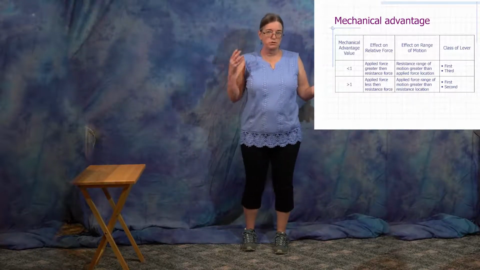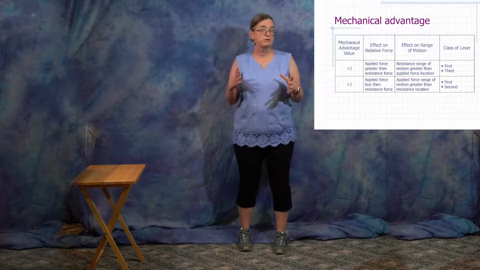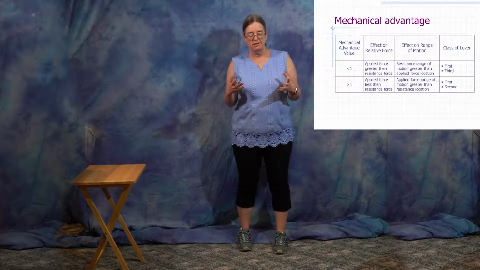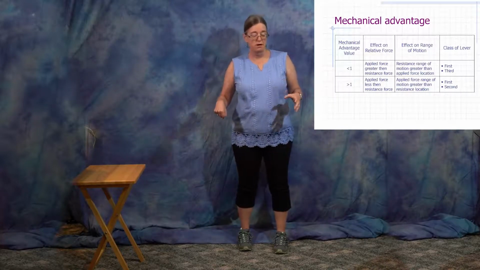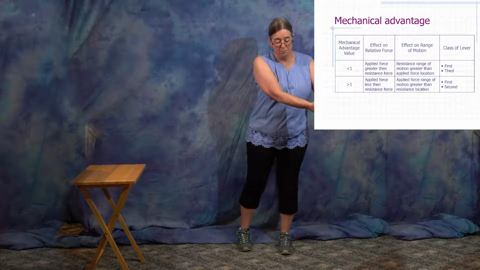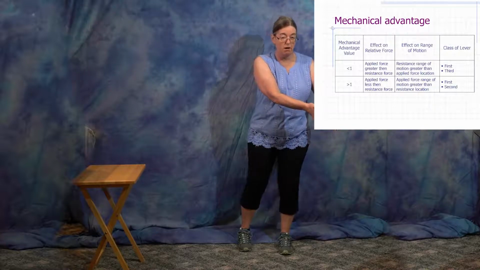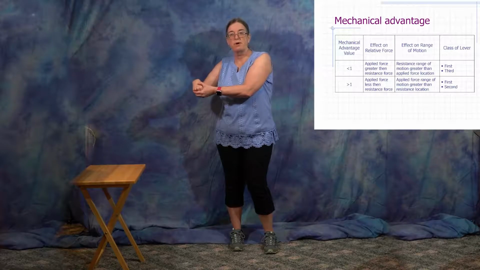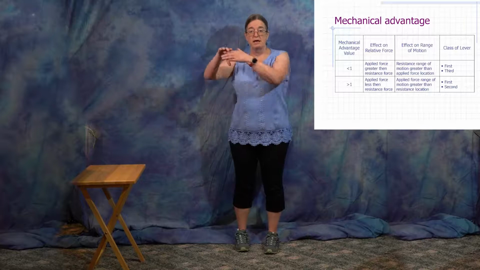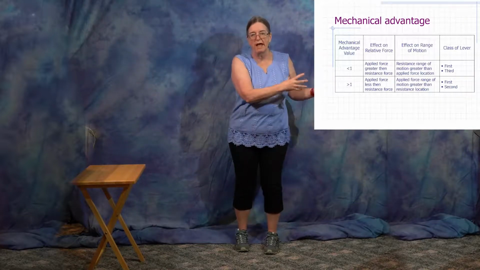So you would choose something like that first class, and there are some examples in your book of different levers, but that classic one of using a pry bar to move, let's say, a big heavy rock, and you make the moment arm associated with the rock small, and the moment arm associated with you pushing on the pry bar large, that's going to have a mechanical advantage greater than 1, and it means that you can move a heavier rock than you are able to generate the force for.